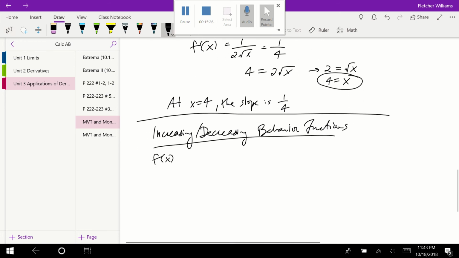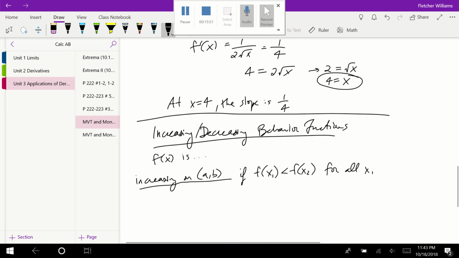f of x is increasing on (a,b) if f(x1) is less than f(x2) for all x1, x2 in this interval a comma b, such that the first one is less than the second.